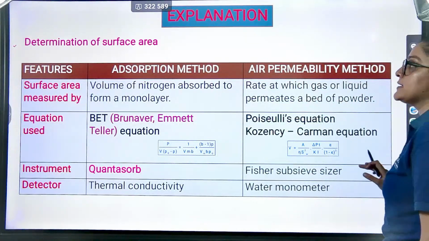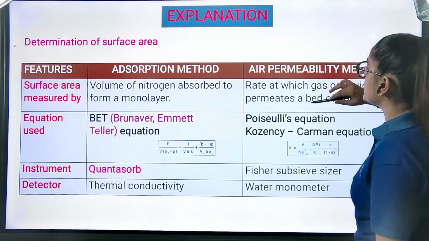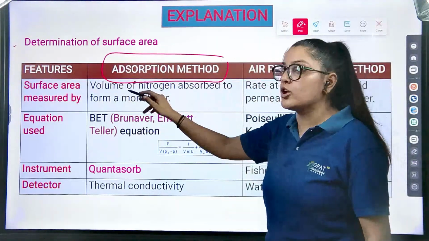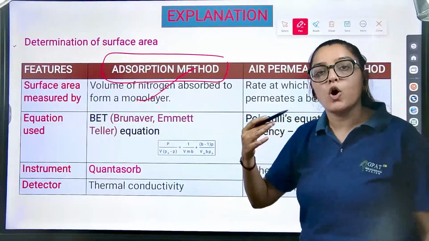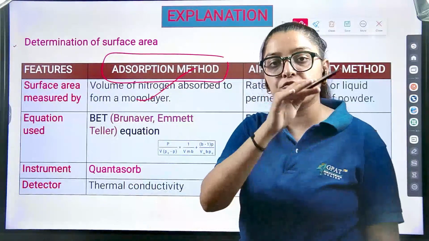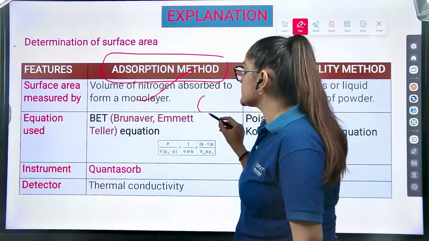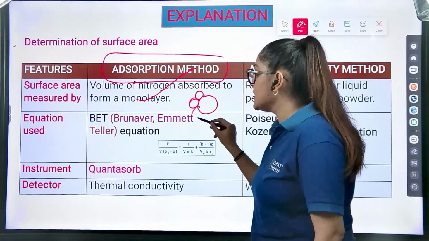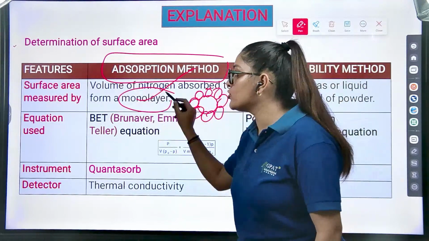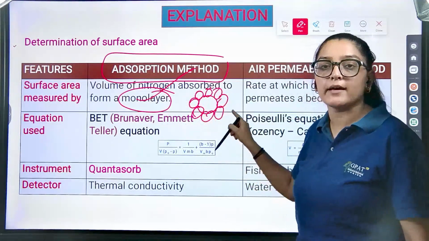Number one is the surface area determination using the adsorption method, in which the volume of the gas or the solute that will be adsorbed over the particle surface is used to determine the surface area. Initially, a monolayer, that means a single layer, is formed.